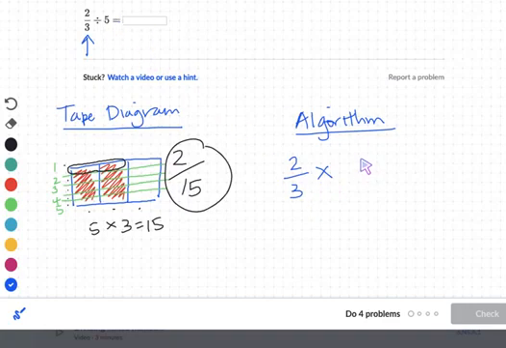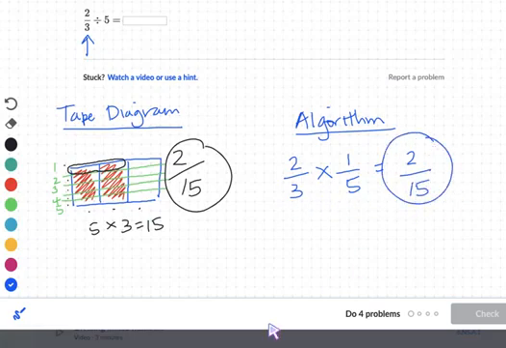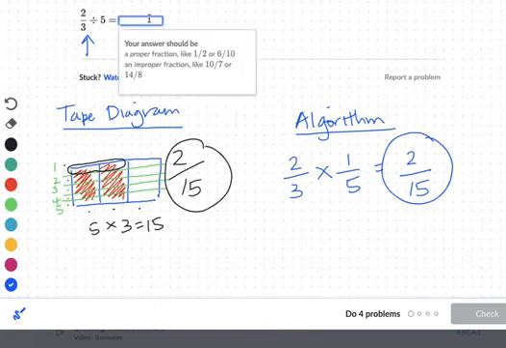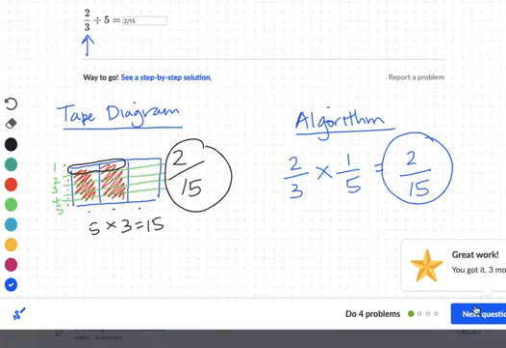The 5 becomes 1/5. Goes from the numerator to the denominator. So we multiply top and top, that's 2, bottom and bottom, that's 15. So both methods give us 2/15. And that is correct. Okay?